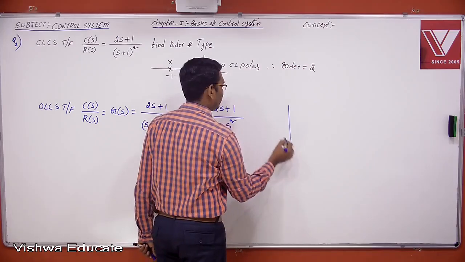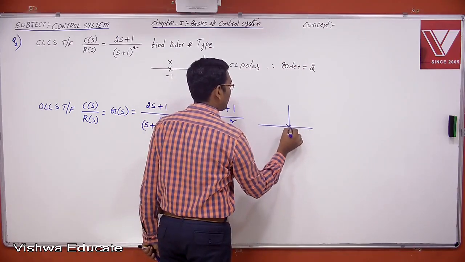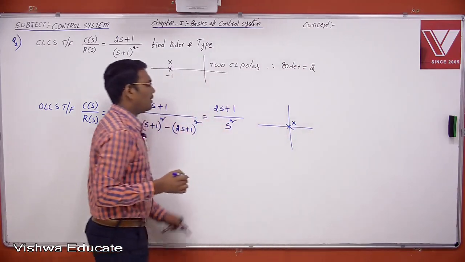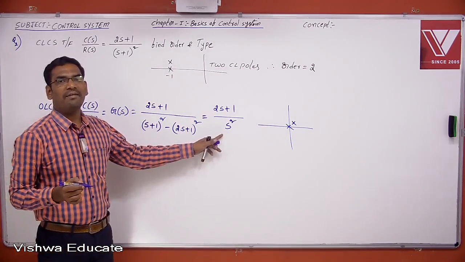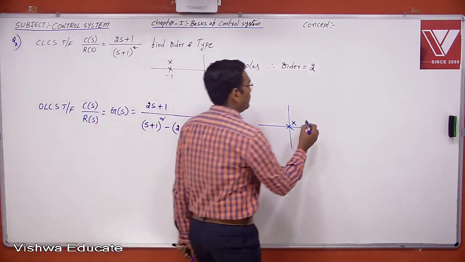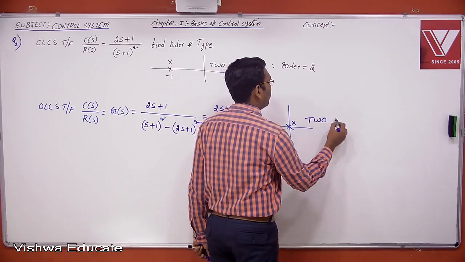Therefore there are two open loop poles available at the origin.